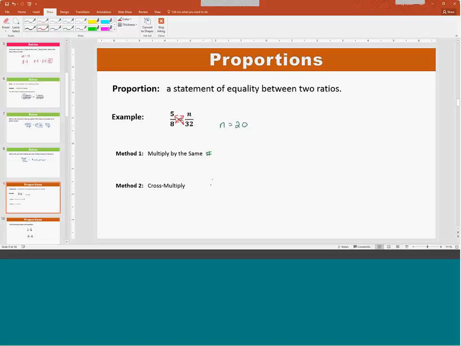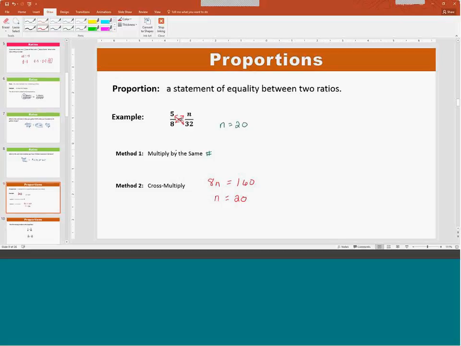That's 8 times n is equal to 5 times 32, which is 160. So then when you solve for n, you get n is equal to 20.